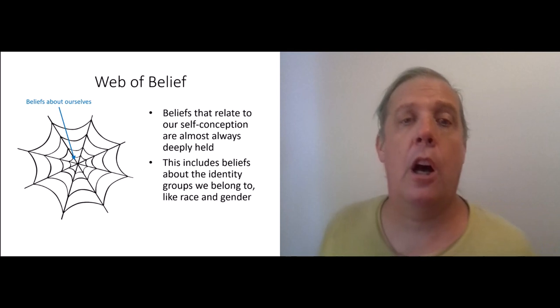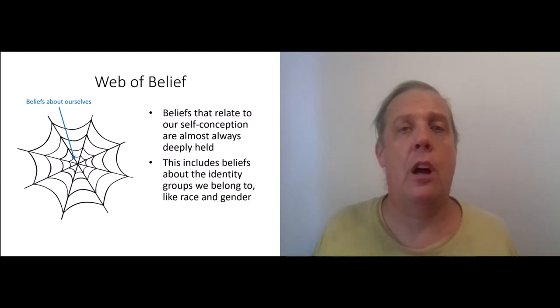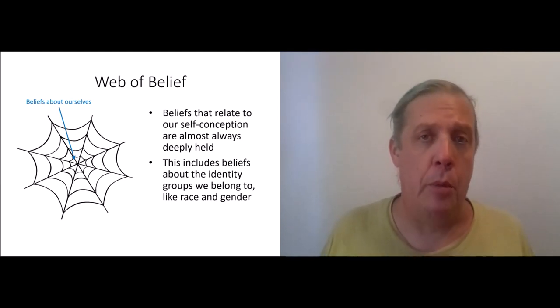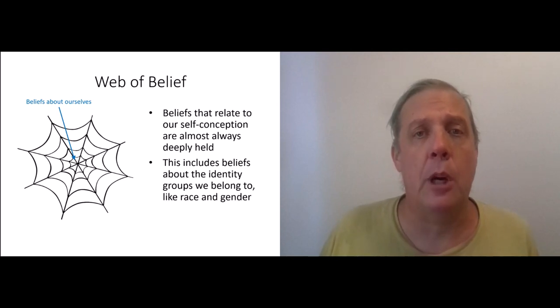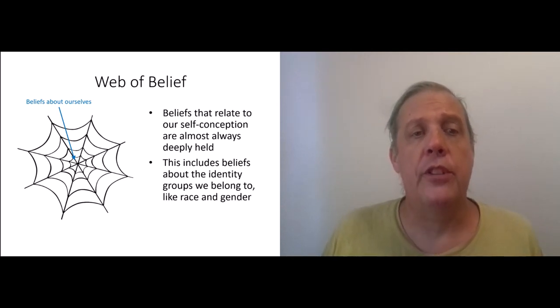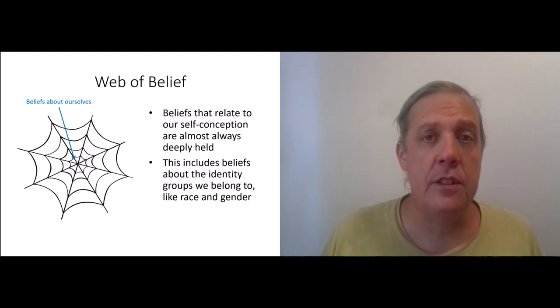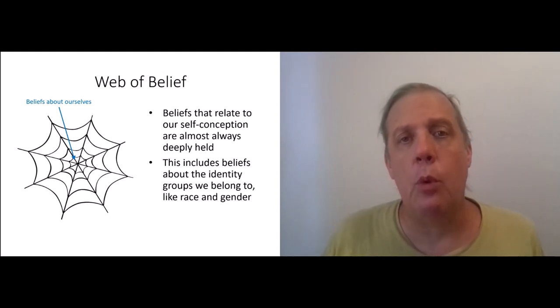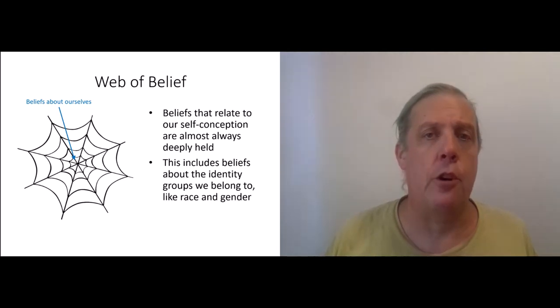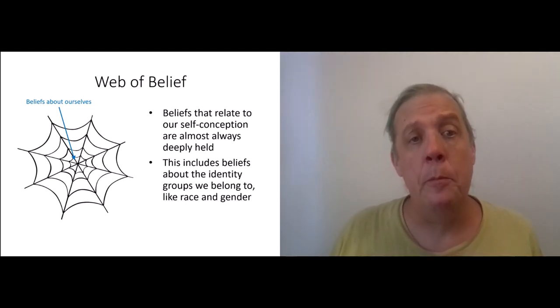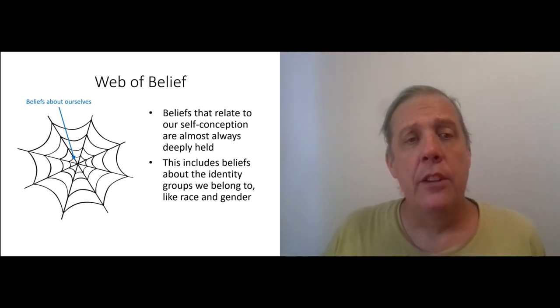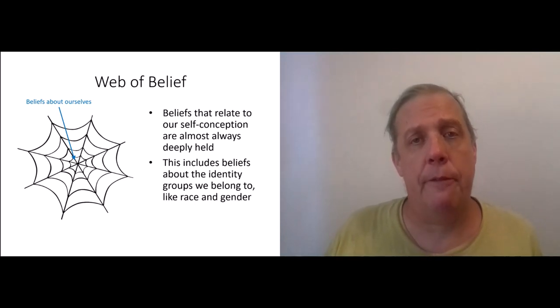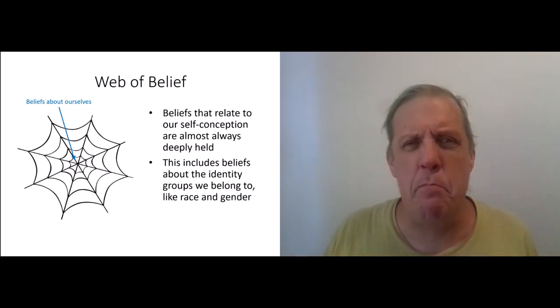So, I said your beliefs form a web. This is a metaphor from W.V.O. Quine. You can think of your beliefs as little nodes in the web. They're all connected by inferences. Changing any one part of the web causes reverberations throughout the whole web. But there are beliefs in the center of the web, which would cause really big reverberations if you changed them.